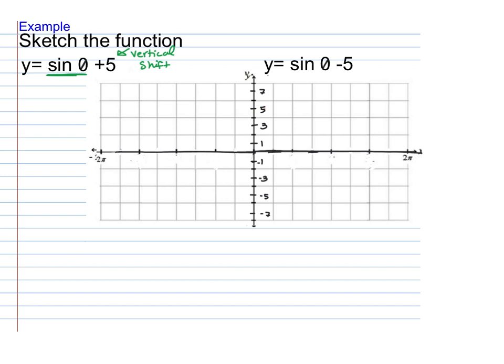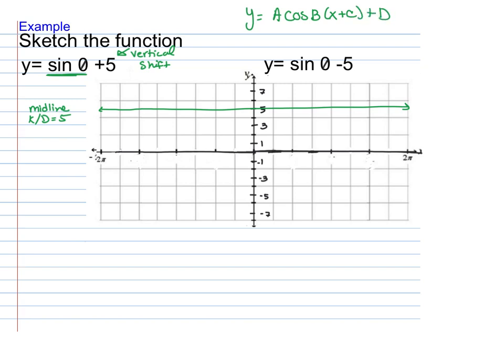So now I have a midline at 5, which is my d is equal to 5. Or some people like to use k, depends on who the teacher is. The reason I'm using d is because we're going by this equation: a cosine of b of x plus c, plus d. And the d is your vertical shift.